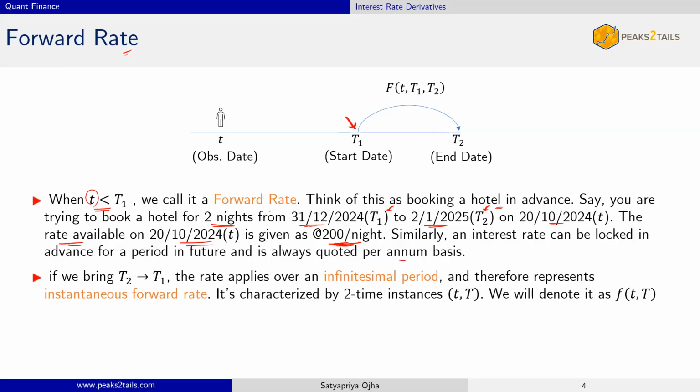Everything is quoted on a per annum basis. Okay, so ultimately, how long your period would be in terms of years and what is the rate per annum, those two will work together to give you the interest amount or interest payment. Okay, so did you understand forward rate and the context that I'm giving? Any questions so far?